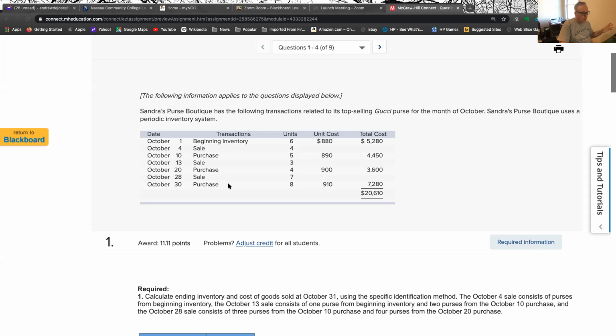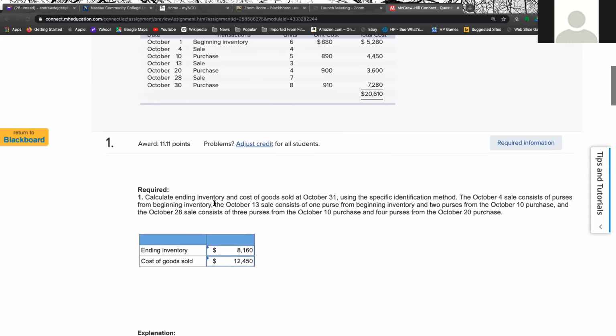And you may change jobs and go to another company that uses the 4th method. So you really have to learn how to do all 4 methods, even though only 2 of them are actually used a lot. The other 2 methods, we have to learn how to do them, but they're not used that often. So notice what they say here in the required.